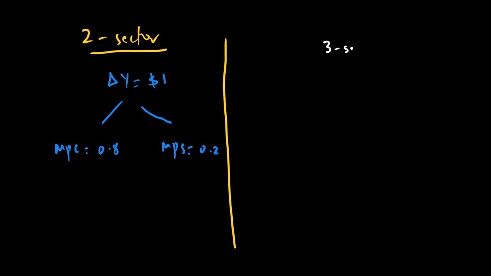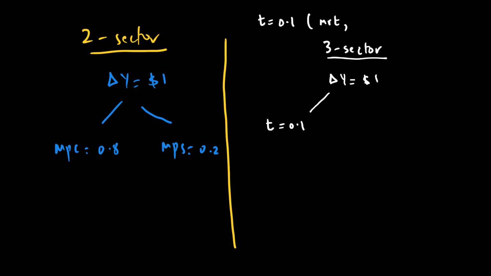In a three-sector model, on the other hand, we have both taxation and government expenditure happening. So if there is an extra dollar given to us, so if change in Y is $1, first thing that happens is that government takes 0.1 of it away. If the tax rate is 0.1, which is also called sometimes MRT, marginal rate of taxation, or sometimes even MPT, marginal propensity or tendency to tax, then we are left with a disposable income, change in YD, of 0.9.